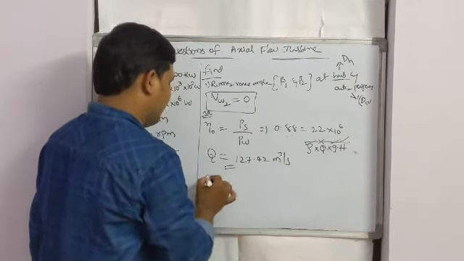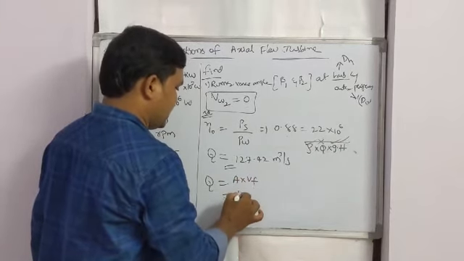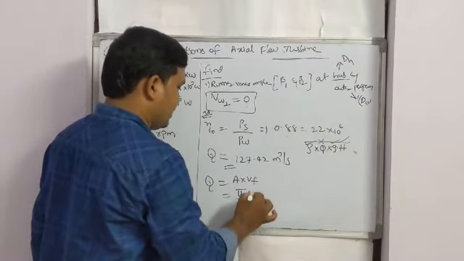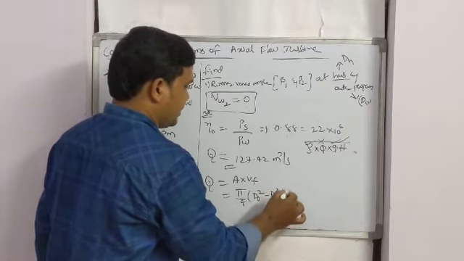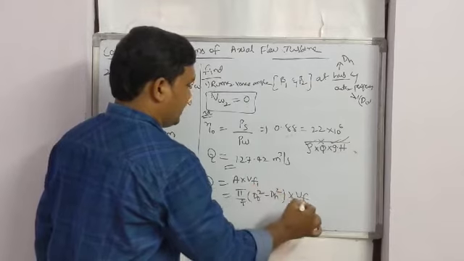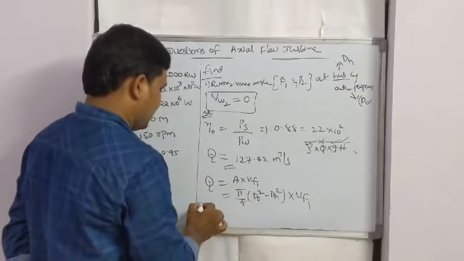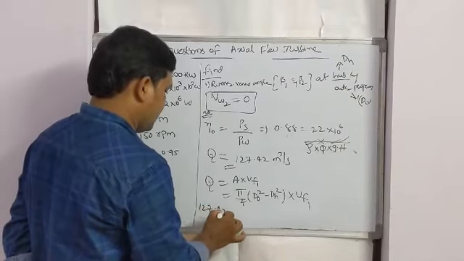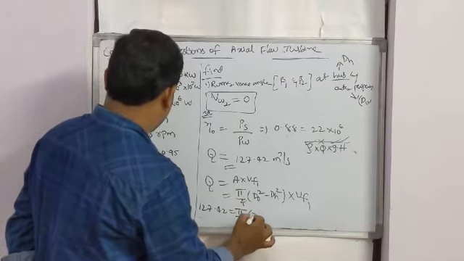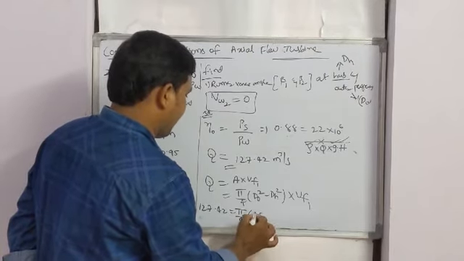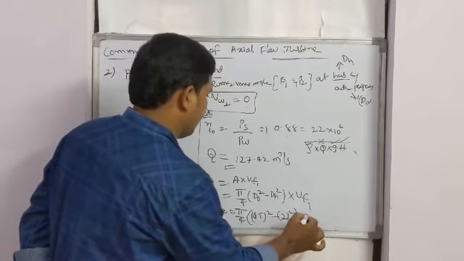By discharge, we can write area into velocity of flow. Area is nothing but pi by 4 into dO square minus dH square, into VF. Either VF1 or VF2, both will be the same. Therefore Q is 127.42 equals pi by 4 into 4.5 meters minus 2 meters square, into VF1.